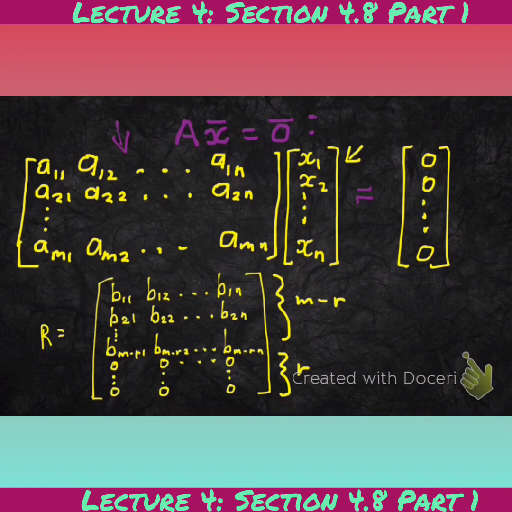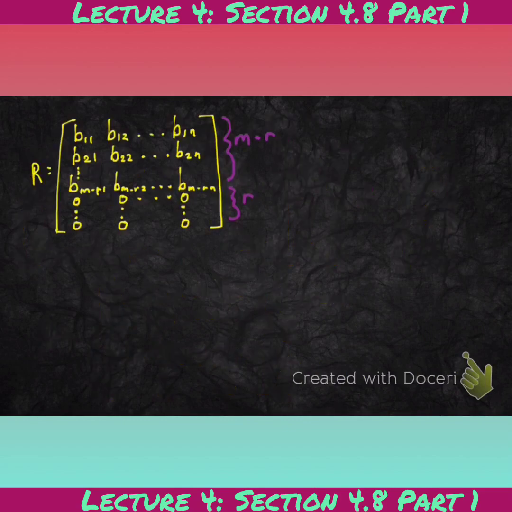If we go back to the reduced row echelon form quickly and investigate that, we see the leading ones in the first m minus r rows, right? Each leading one corresponded to a particular variable, and those were known as the leading variables. Now, of the leading variables, whatever variables remain, those were called the free variables.